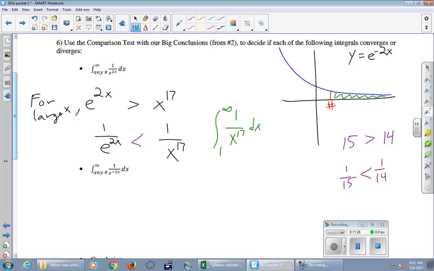This integral here converges since p is 17, which is greater than 1. Right? That was our big conclusion from last class.